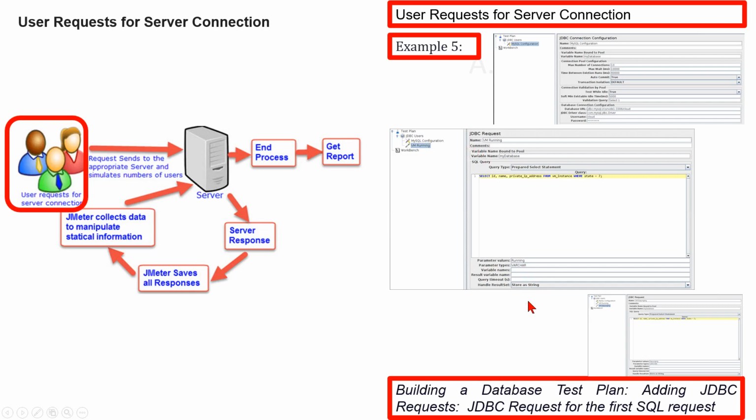In our test plan, we make two JDBC requests. The first one is to select all running VM instances, and the second is to select expunging.